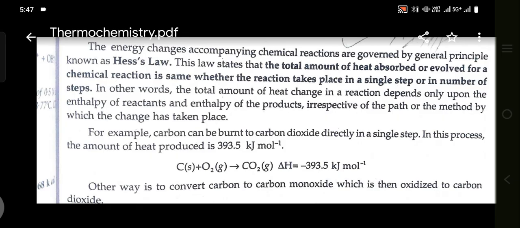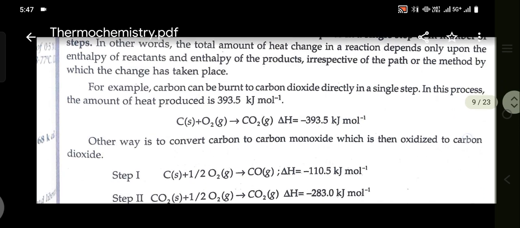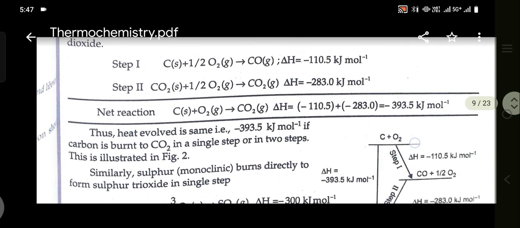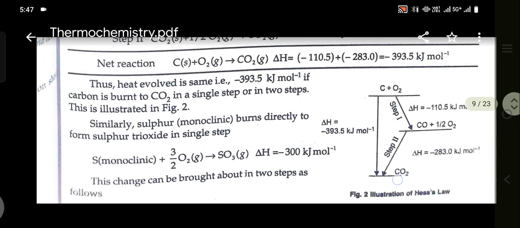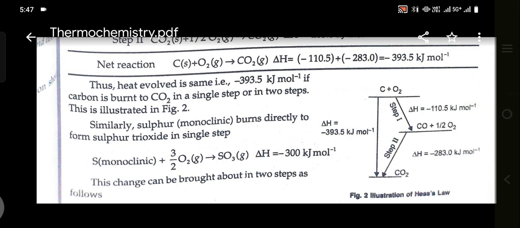For example, carbon can be burnt to carbon dioxide directly in a single step, and in this process the amount of heat energy released is 393.5 kJ/mol. Another way is to convert the carbon to carbon monoxide, which is then oxidized to carbon dioxide. The net reaction will be carbon plus oxygen gives carbon dioxide.